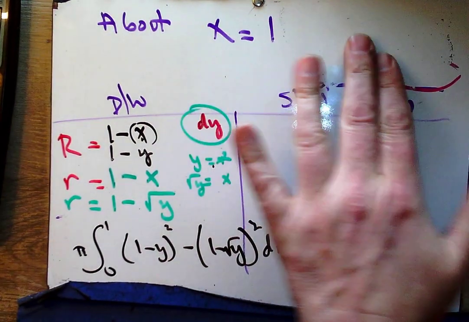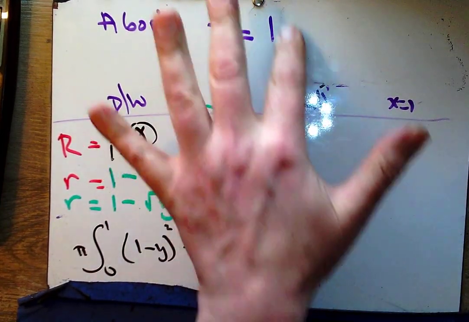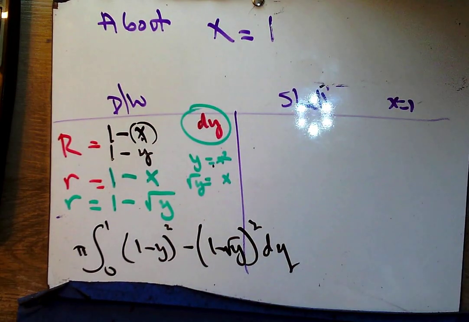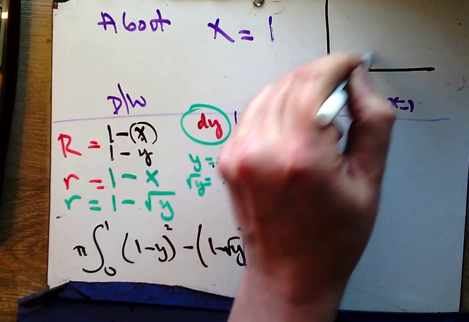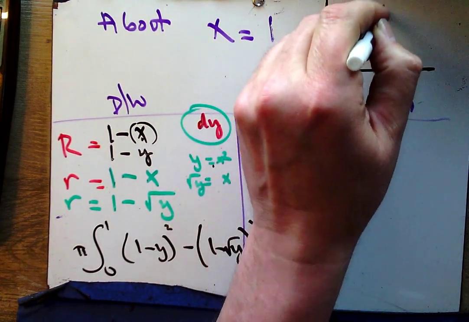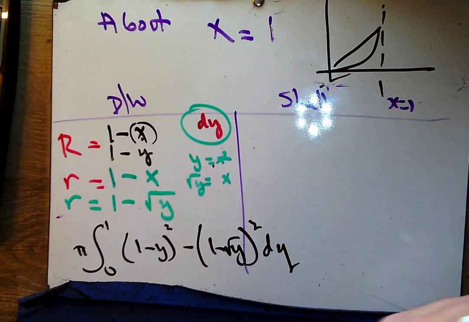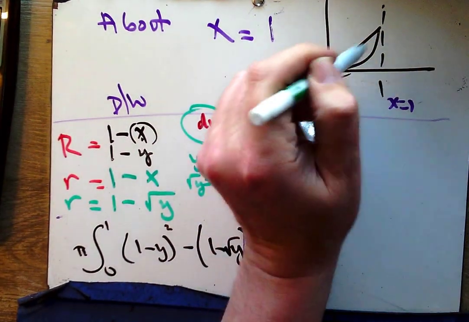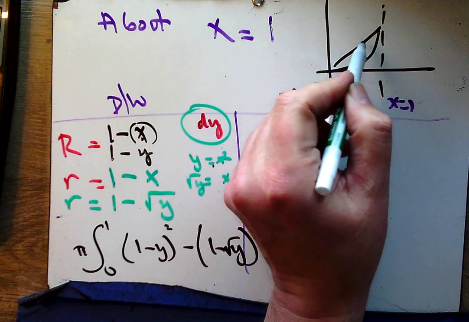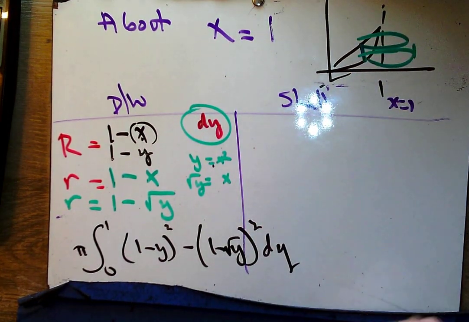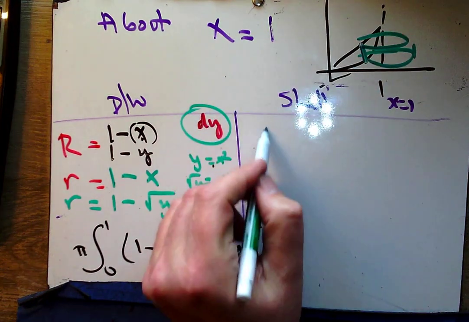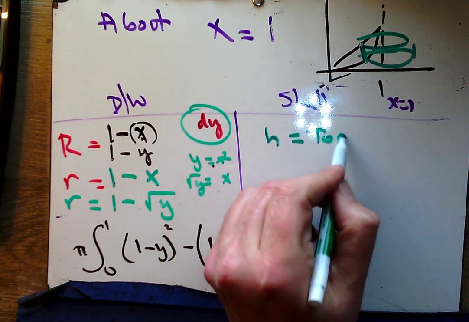So let's take a look at shells. See if there's a little more solace there. So let's have this region about there. And we want something that is parallel to the axis of rotation. Okay, I can see that the height is top minus bottom.